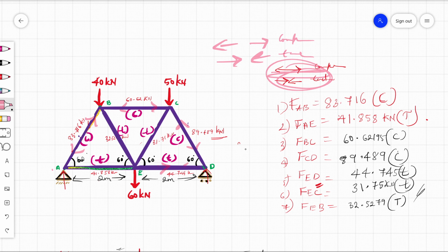Both are going towards each other. So this is how it should be, okay? It looks like too much, but it should show something like this. They should understand in which direction the forces are going.